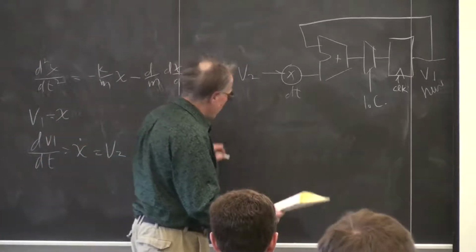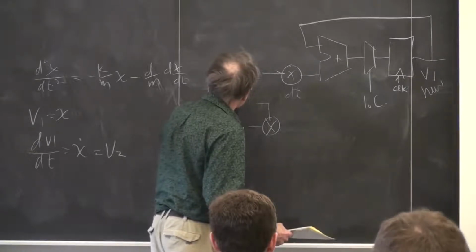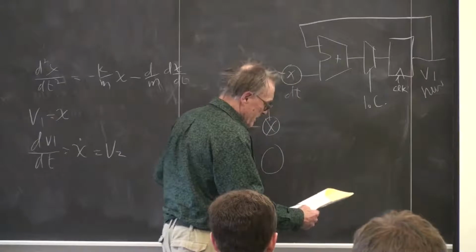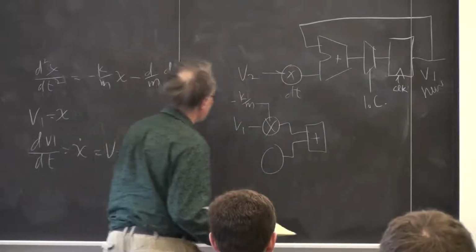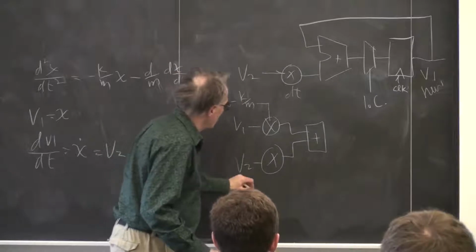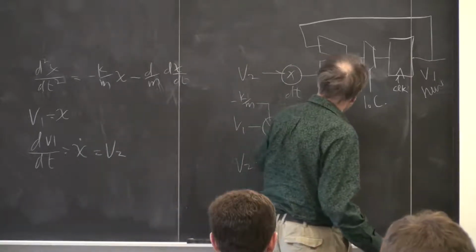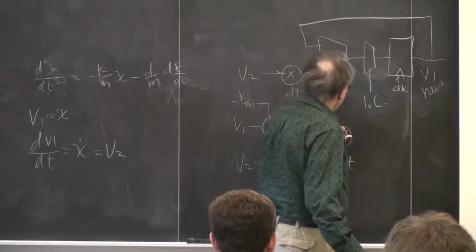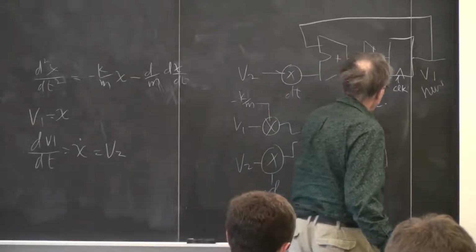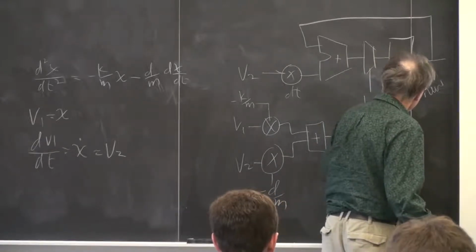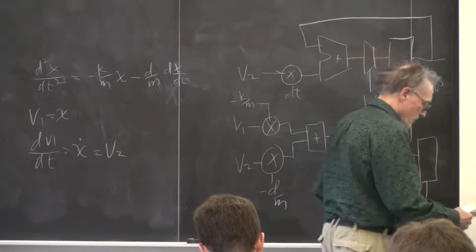So we're going to form the second derivative as V1 times minus K over M plus V2 times minus D over M, multiply by dt, of course, and then add with a mux and an integrator, a register, fed back to the adder to form V2.